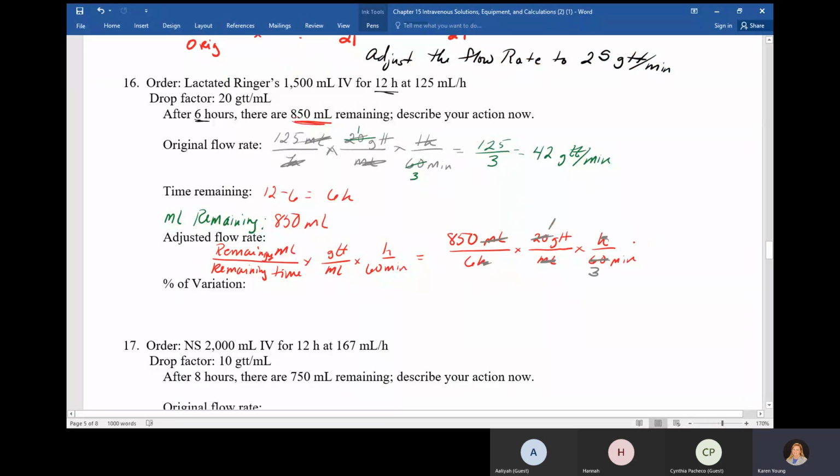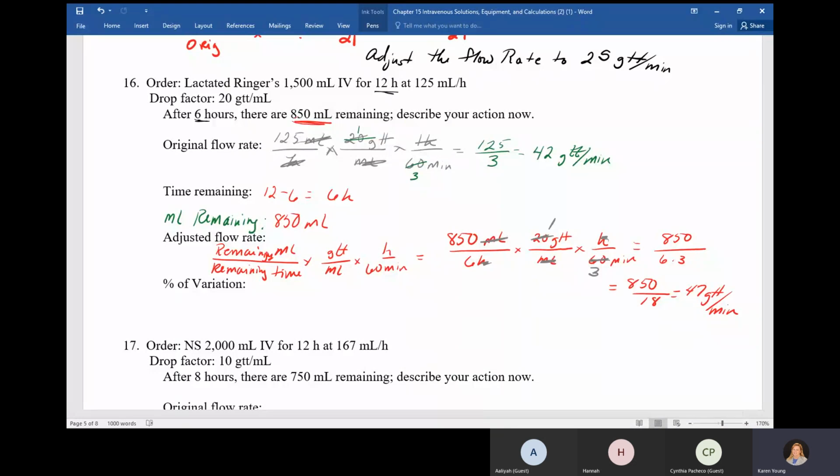And I'm going to have 850 over 6 times 3, which is 850 over 18. And I get 47 drops per minute. And that's my new, or my adjusted flow rate.